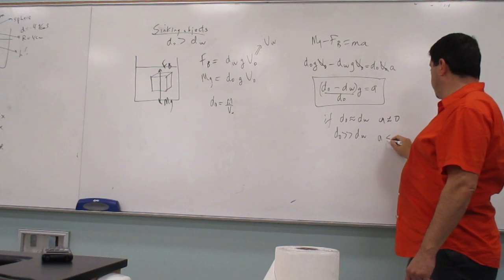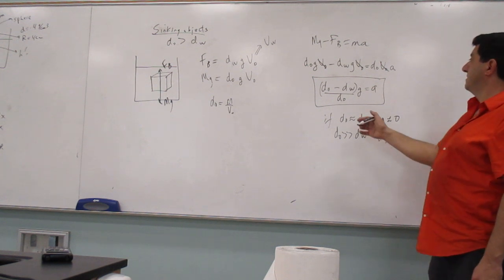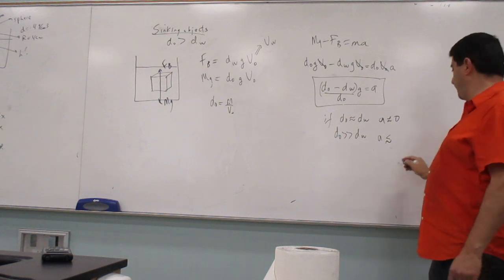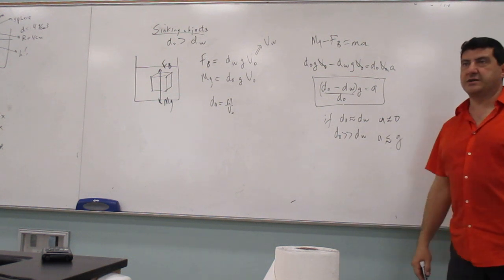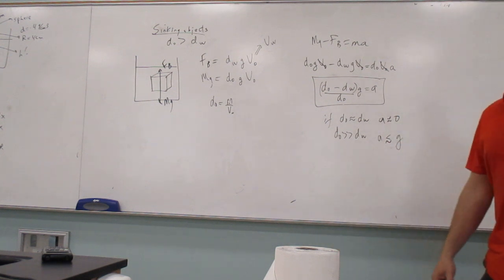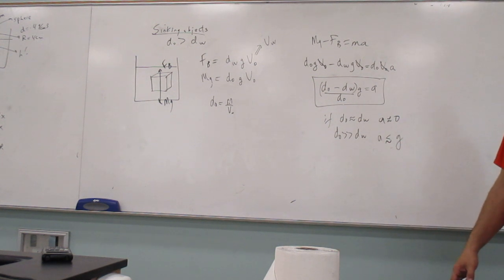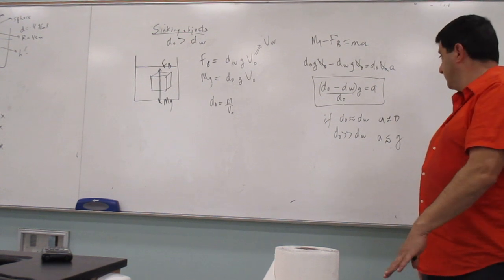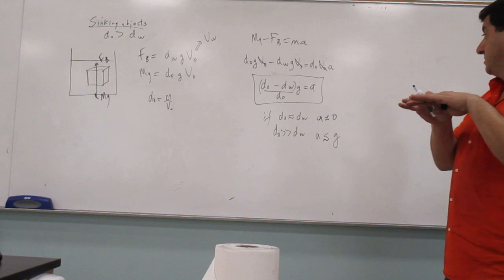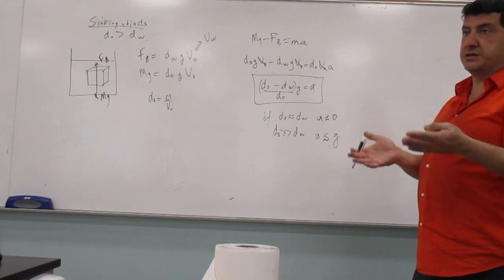Well, dO cancels, and then the acceleration approaches g. So it can never be greater than g. If you're very dense, you're going to sink in water at a rate approximately equal to gravity. And if your density is similar to water, then you're not going to accelerate.